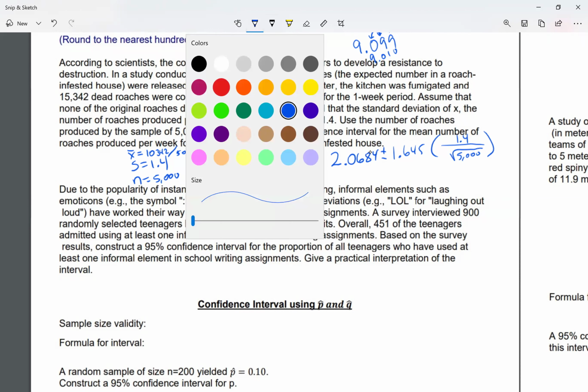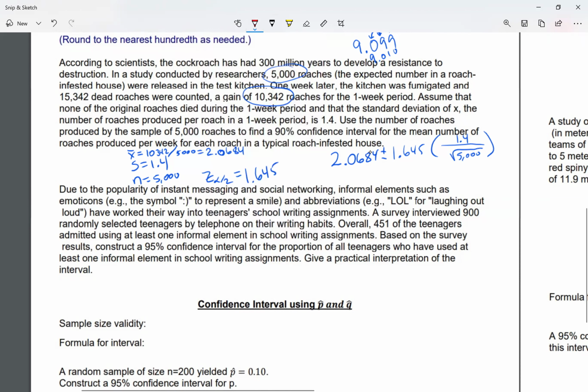Now, for this question, it doesn't say here, but on your homework, I'm going to ask you to round it to 3 decimal places. Not that bad. Just type it on a calculator: 2.0684 minus 1.645 times 1.4 divided by the square root of 5,000.